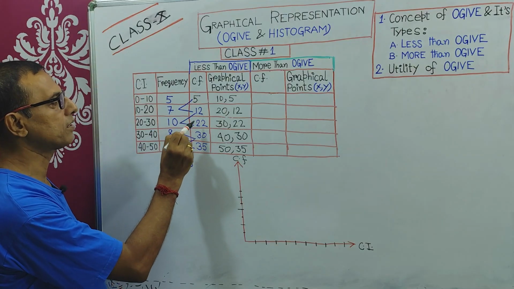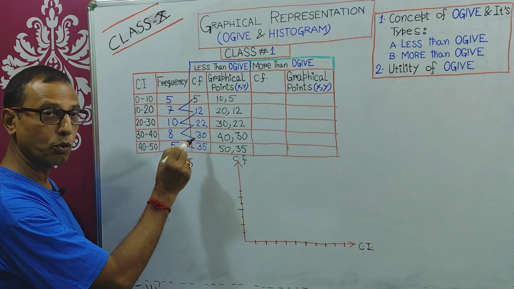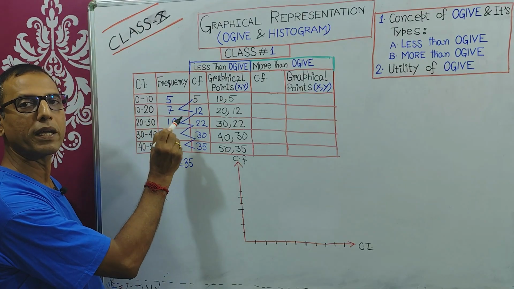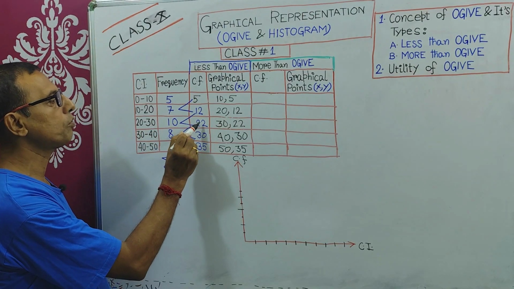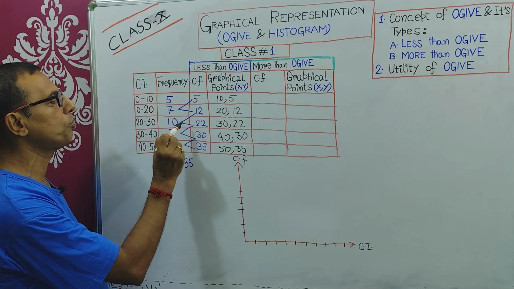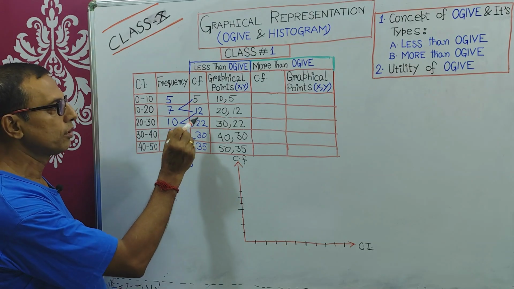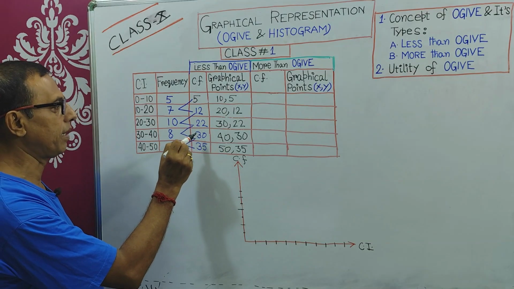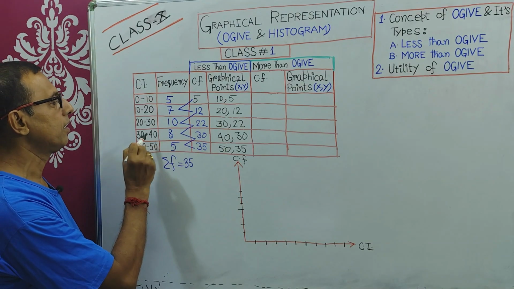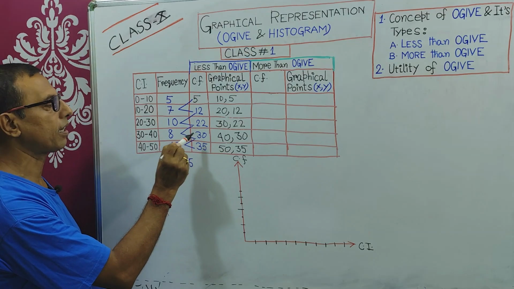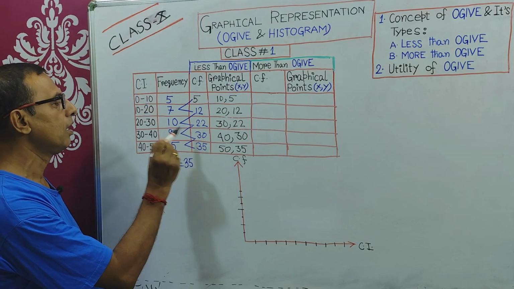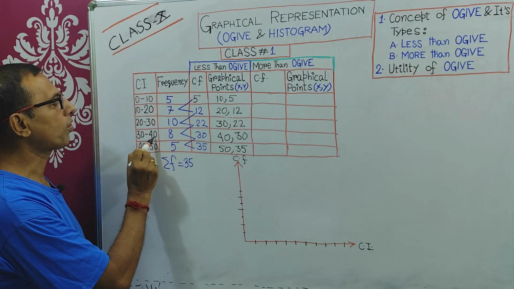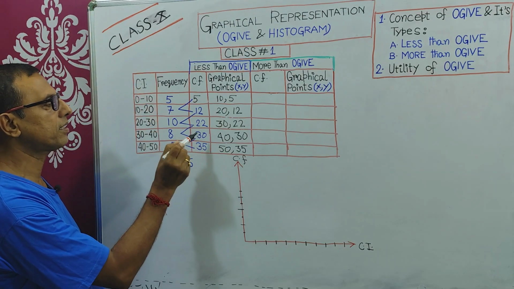So how you calculate cumulative frequency, you know, but what I am trying to make you understand is the data interpretation. Next, the cumulative frequency is 22 plus 8, that is 30. So diagonally, in a zigzag way, it is just adding up. What is the interpretation of this class interval and cumulative frequency? If I take 40 as the upper bound, that means 40 and below, how many are there? 30.